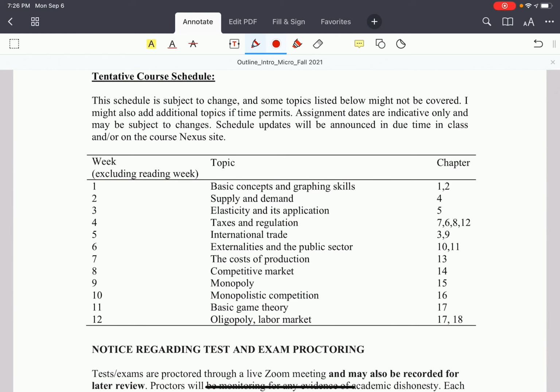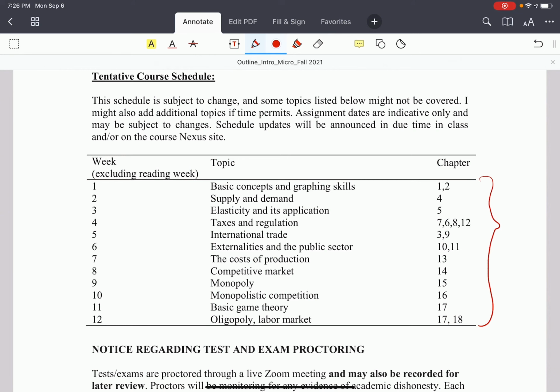Okay, here we have this course schedule. And you can see that this is a 12-week course schedule. The reason is, yeah, we have a 13-week semester, but we have like this 1 week reading week. So the actual length is just 12 weeks.